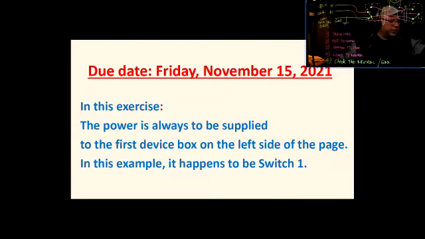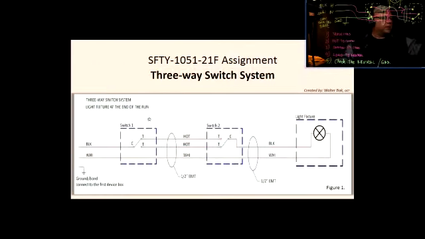So when you rearrange these devices to make 3 scenarios, always have the power supplied from here to this device box, because in previous years I have seen people reversing it and applying the power to different sides. It's just flipped around. As far as the electrical connections go, that's a no-no, okay?